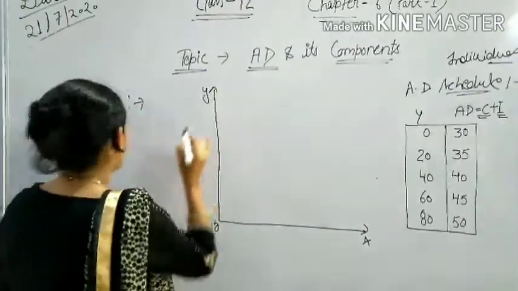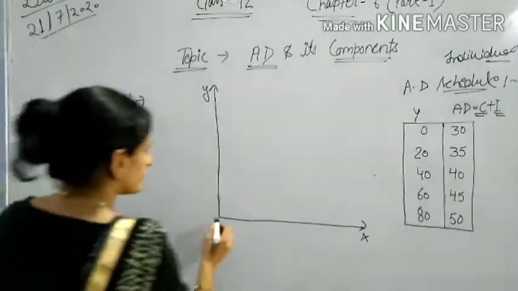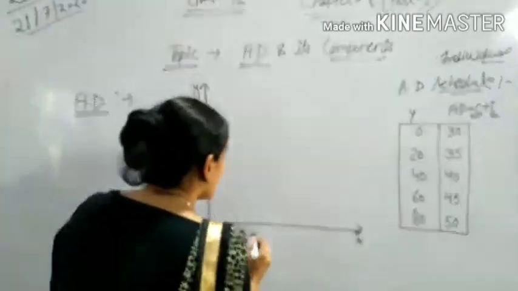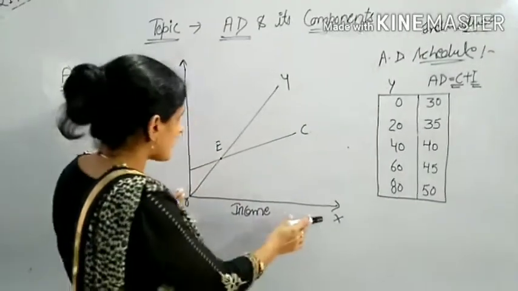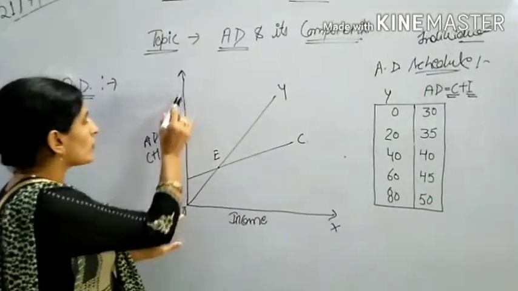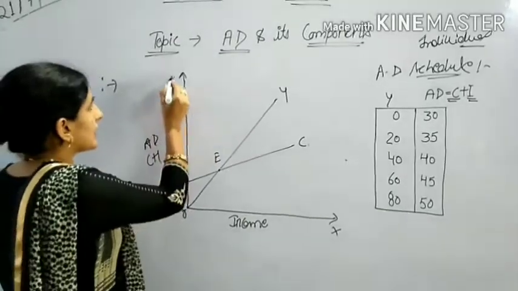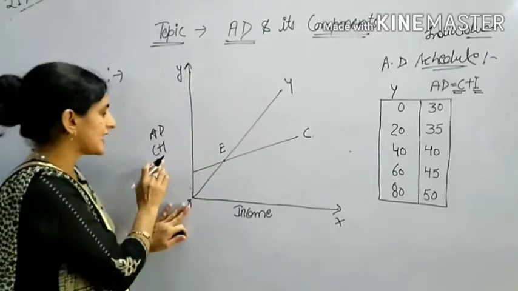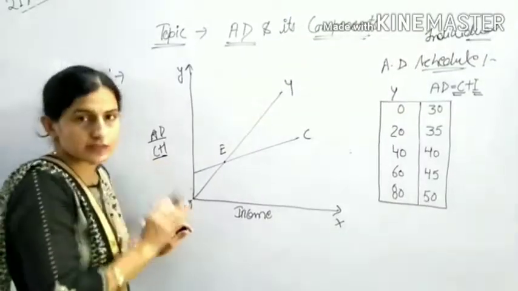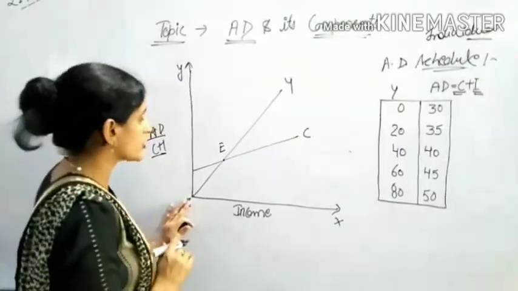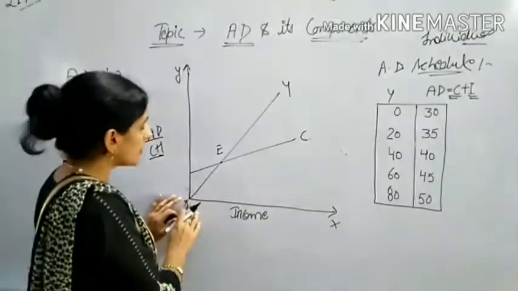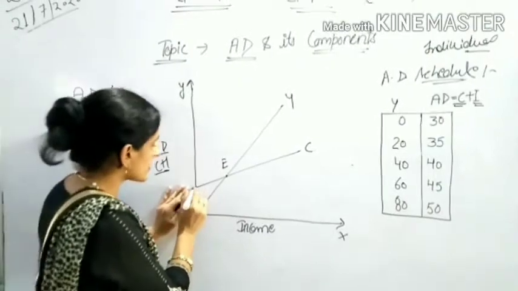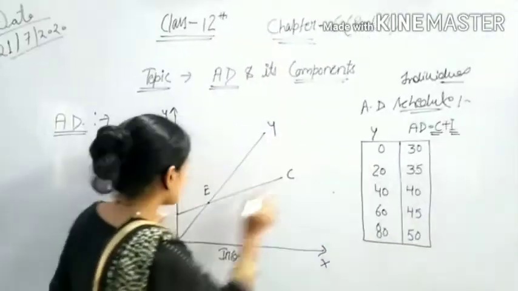On the OX axis we have taken income, and on the OY axis we have taken AD. On the horizontal axis income and on the vertical axis AD. AD means C plus I, that is consumption expenditure and investment expenditure. Y is our income line, showing that when income is 0, then consumption is something, which in the table you can see is 30.